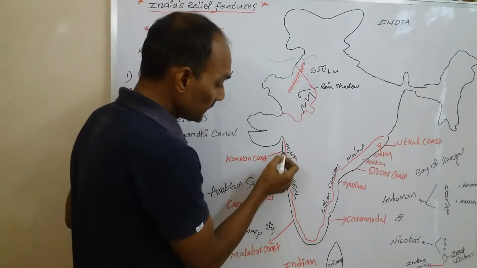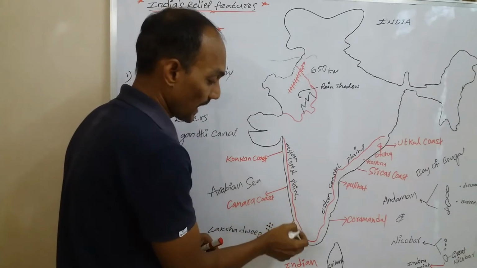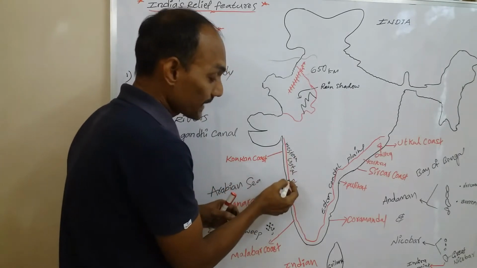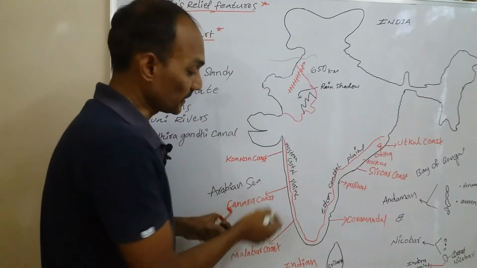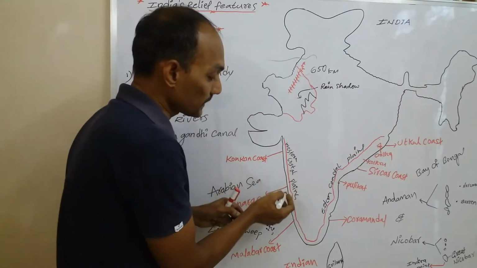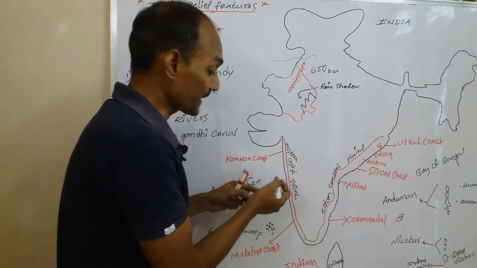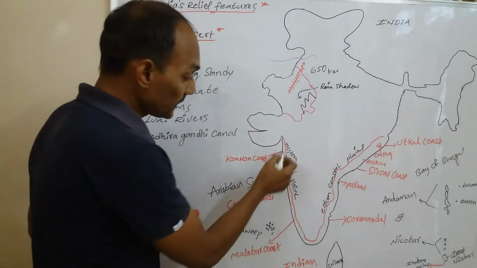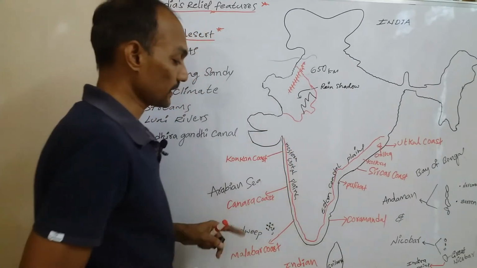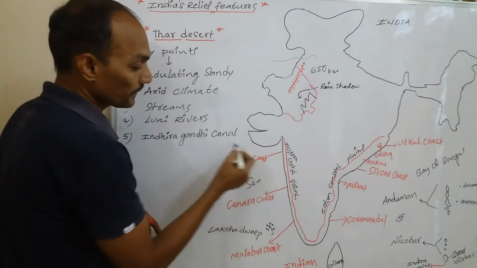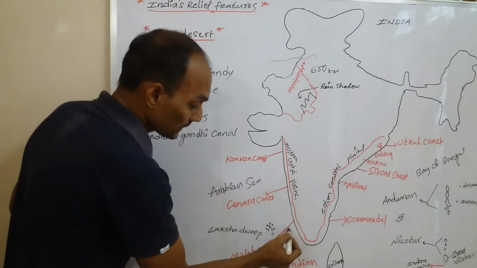These plains are not fertile and not developed for agriculture. These plains are divided into three parts: a north part, middle part and south part.